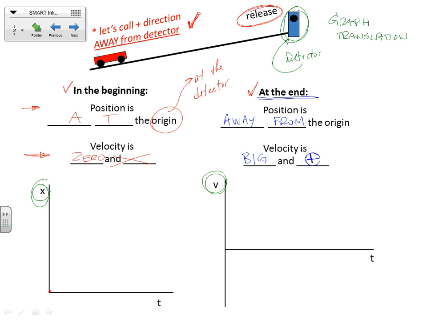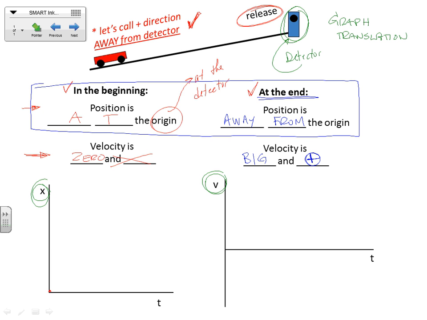A couple things we need to be able to do. If we take position first, at the beginning it starts here at the origin. At the end, it's away from the origin. Now the question is, how do we connect those? If we go with velocity over here, the beginning velocity is 0.